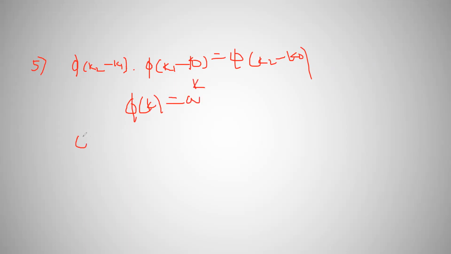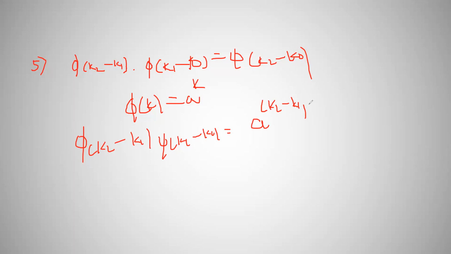So phi of k2 minus k1 into phi of k1 minus k0 is equal to A power of k2 minus k1 plus k1 minus k0.